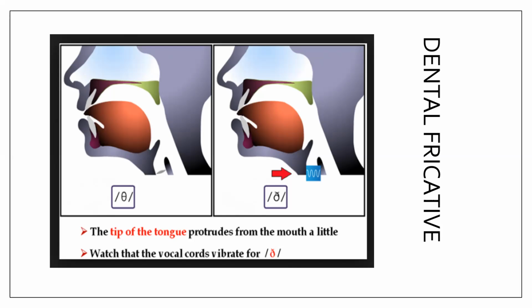In general, your mouth shape and tongue position are the same in pronouncing both sounds. What makes the difference is that the vocal cords vibrate for the voiced one only, and the first is a voiceless sound while the second is a voiced one. You can check it by touching any point on your larynx or putting a paper in front of your mouth.